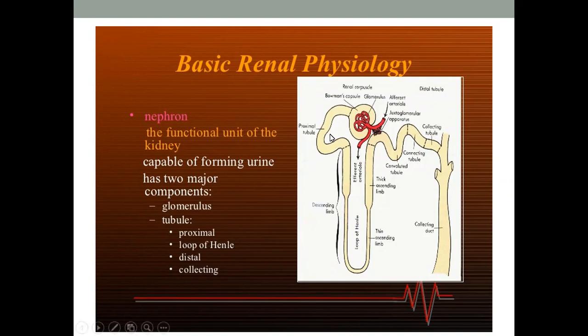The tubules have proximal tubules, the loop of Henle, the distal convoluted tubules, and the distal collecting tubules before you get to the collecting duct. So this is the single functional unit of the kidney. The whole of the kidney is made up of nephrons that are capable of urine formation.